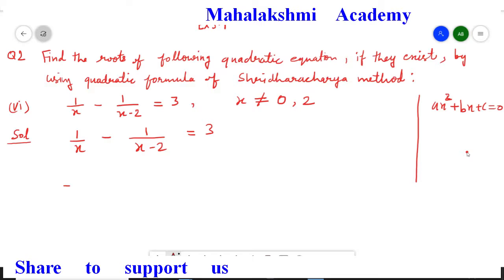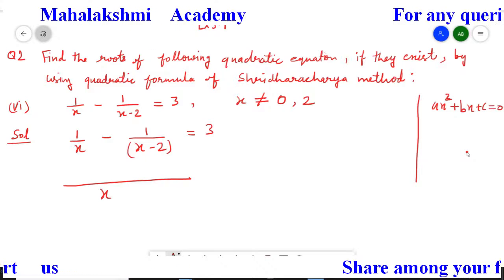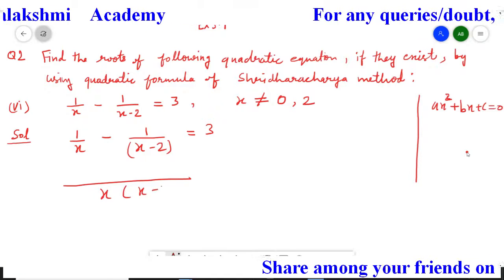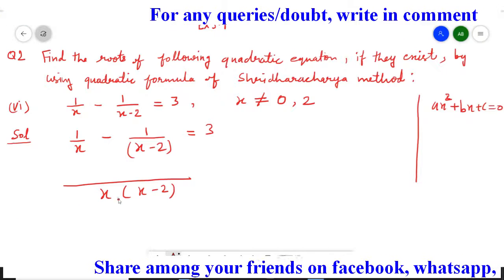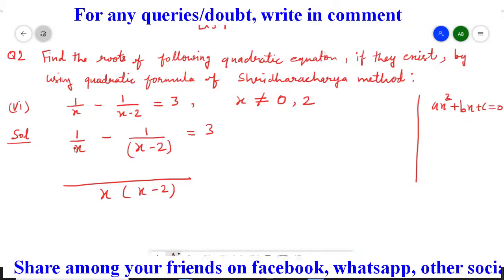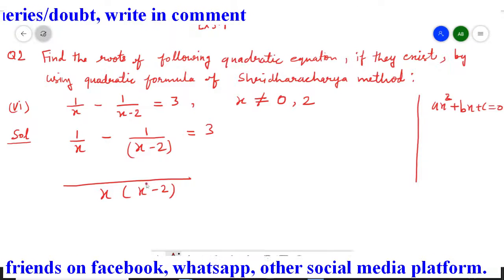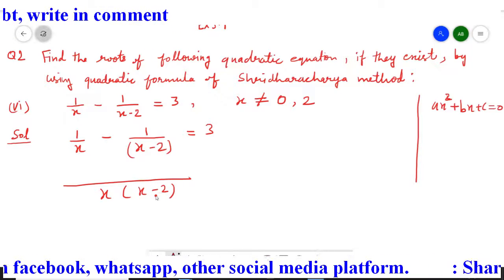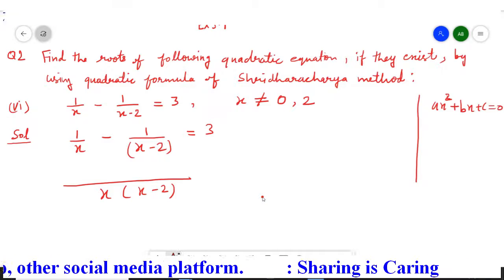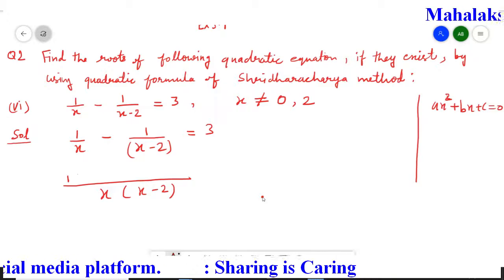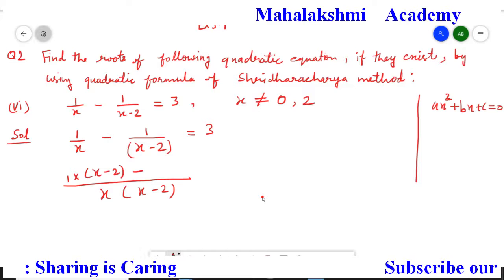So when we take the LCM, I am just using the bracket here. The LCM is going to be x multiplied by x minus 2. Now when we divide the LCM by the denominator x, this x will cancel with x, so only x minus 2 remains. This x minus 2 will multiply by 1, so we will get 1 multiplied by x minus 2, then the minus sign in between.